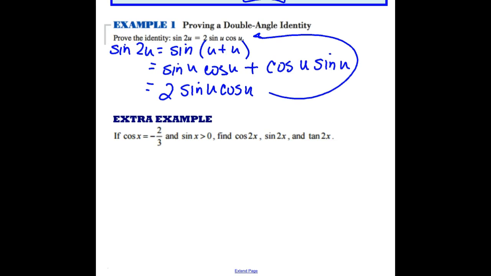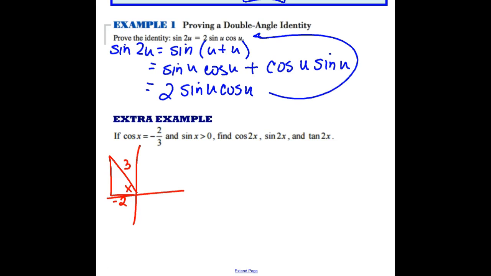Okay, so let's draw a picture over here, quadrant 2. This is going to be angle x. We know that the cosine is negative 2/3, which means adjacent over hypotenuse. Hypotenuse is never negative. So we'll make hypotenuse the 3 and the x, or adjacent side, would be the negative 2.